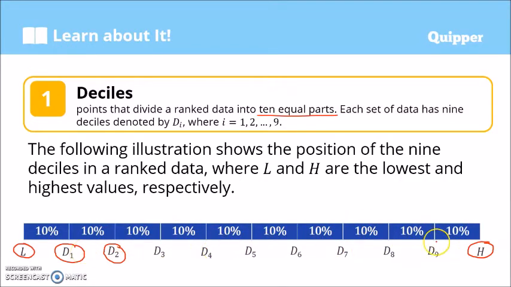And so on up to D sub 9. Now, D sub 5 is the middle value. It is also equal to the median of the data set. So, it divides the data set into 2 equal parts because for D sub 5, 50% of the data is below it and 50% of the data are above it.